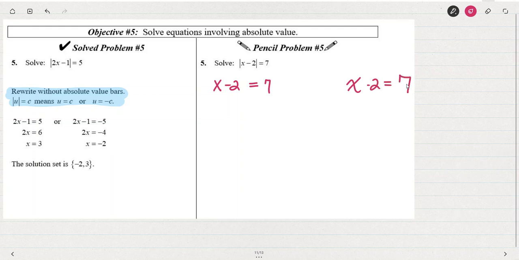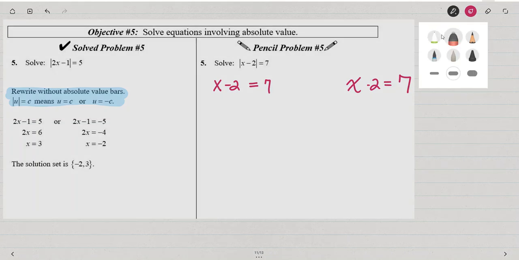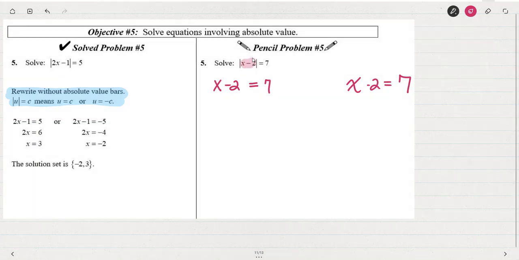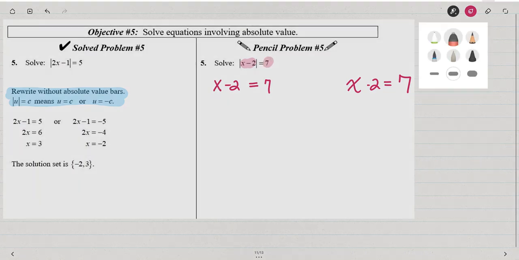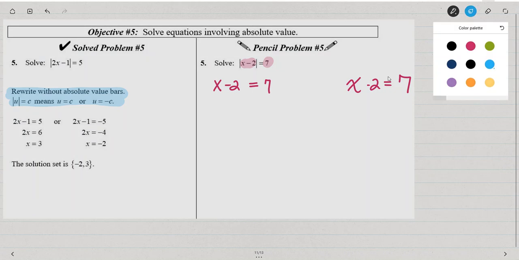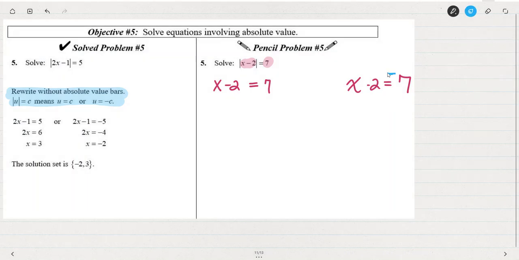Because if it were the opposite of 7, that piece inside this x minus 2 could be the opposite of 7, and when we do the absolute value, we'd still get the positive 7.